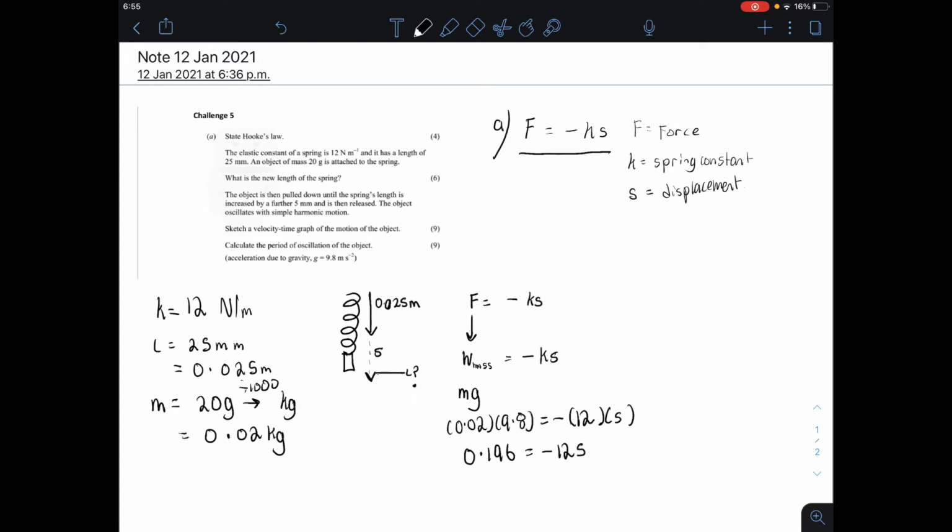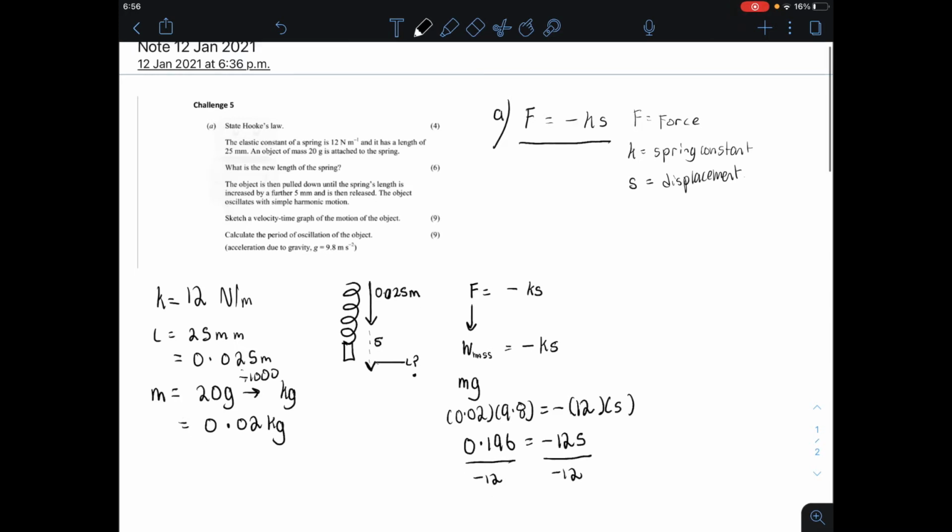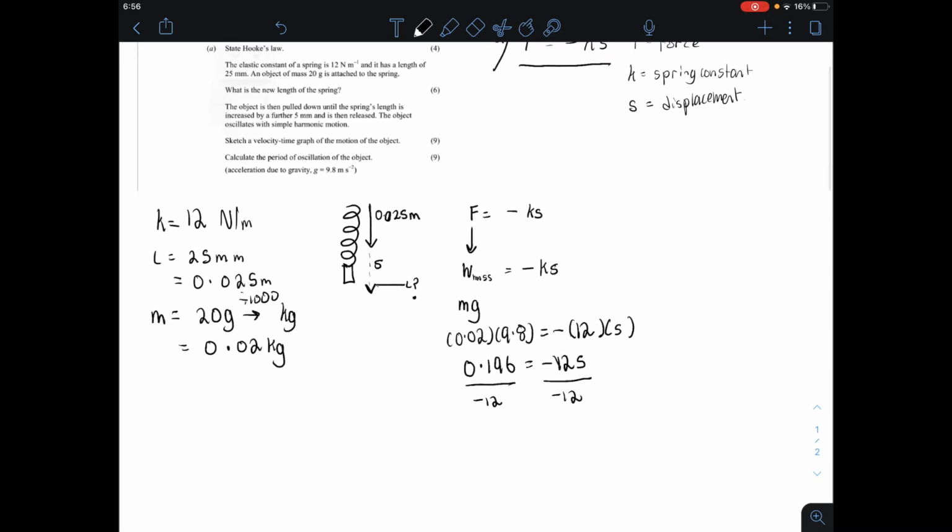This is equal to minus 12S. To find S on its own, we divide both sides by the value that's attached, minus 12. Note in these questions, it doesn't matter if you keep in the negative sign or not. This is simply telling you the direction of the displacement.